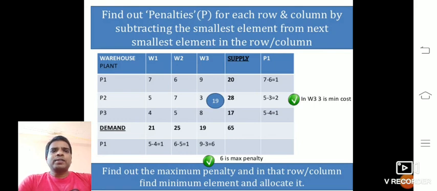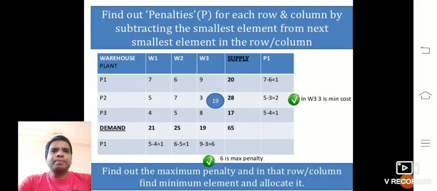Now see here, among all the penalties, the highest penalty is 6, which appears in the W3 column, and in that W3 column the least cost is 3. For that cell we can allocate.